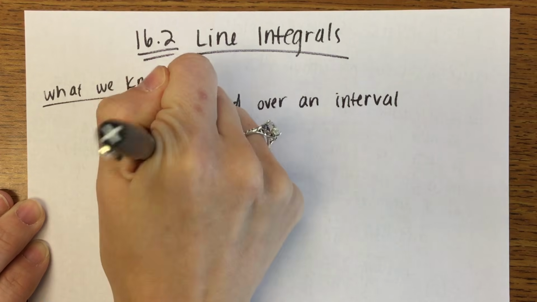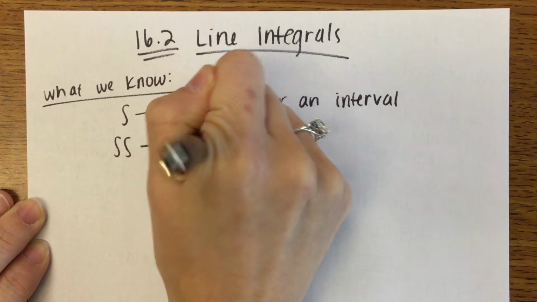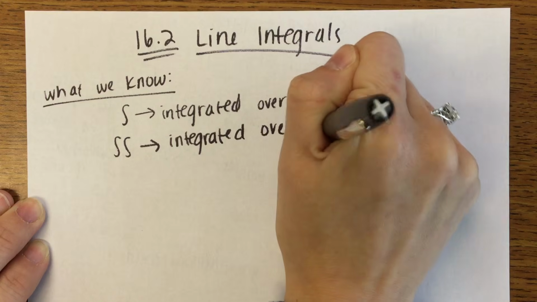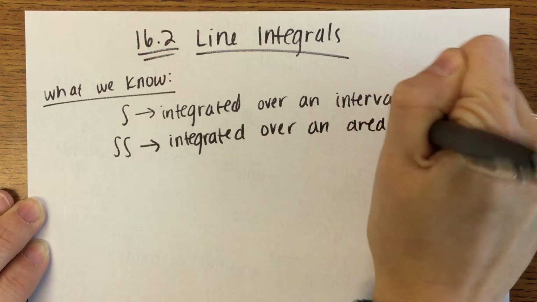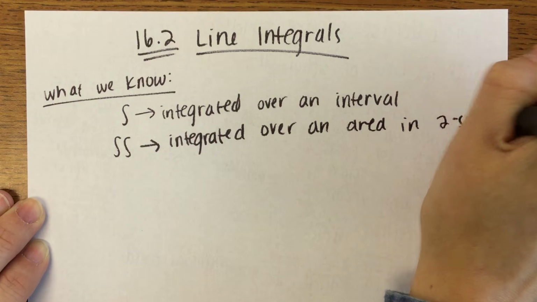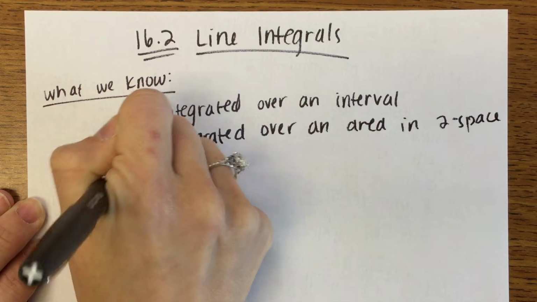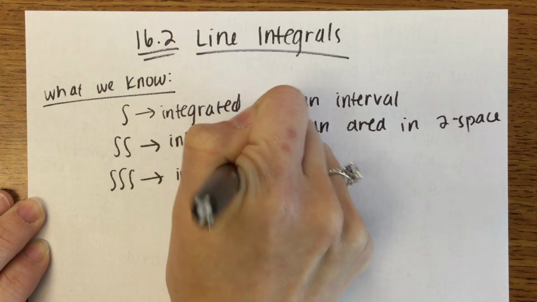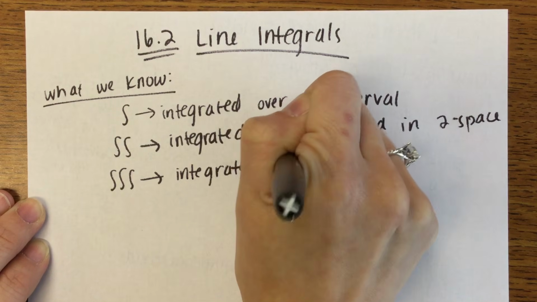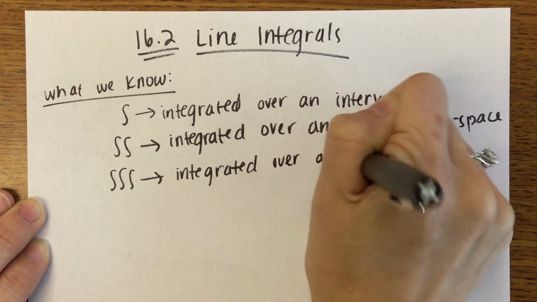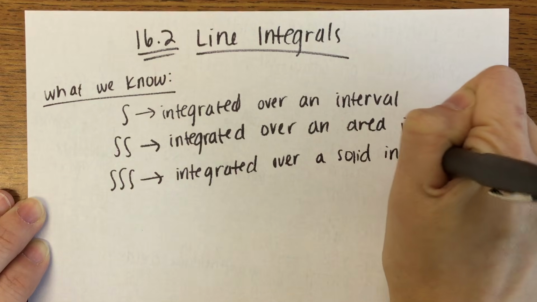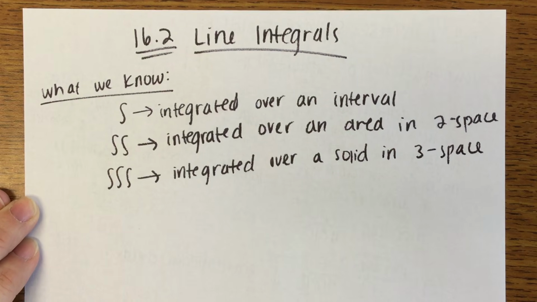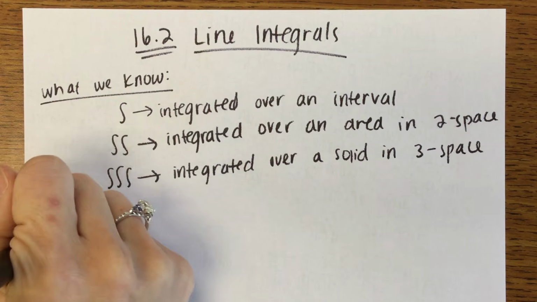Last chapter, we looked at double integrals, in which case we integrated over an area in 2 space. We also looked at triple integrals, in which case we integrated over a solid in 3 space. So that's what we've done so far.